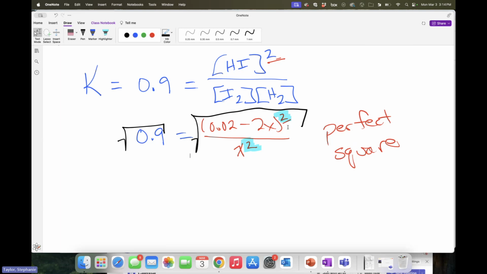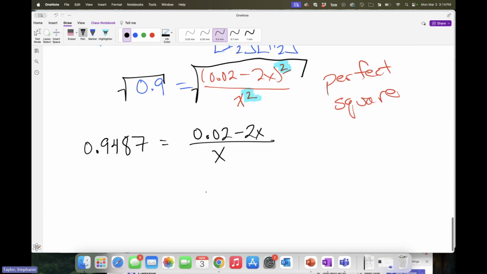So when I do that, I take 0.9 and take the square root of that, I get 0.9487 is equal to, and all I'm doing now is taking the square parts away.